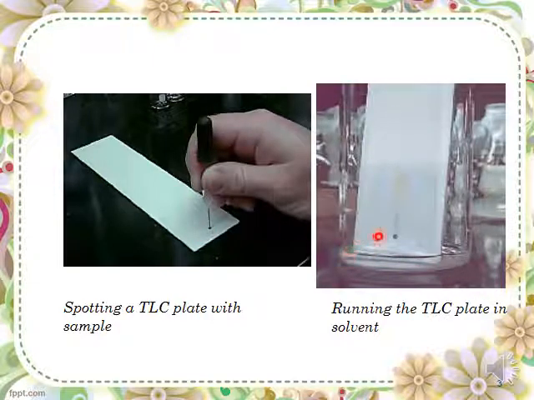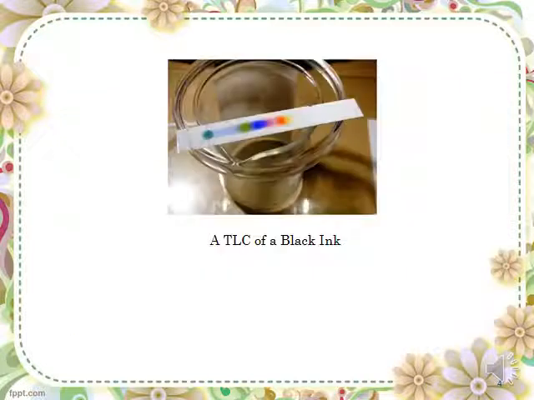Make sure the starting line is way above the level of the solvent, and then let the capillary action do the work. It will separate the components in the spot. So this is a TLC of black ink. The black ink is spotted here, and then the solvent, or the mobile phase, will separate the components in the black ink. It is actually composed of many colors.